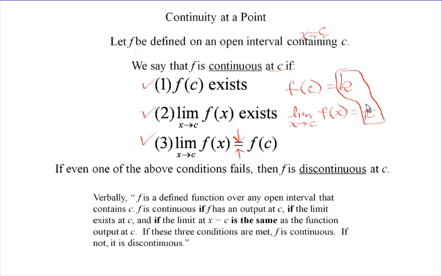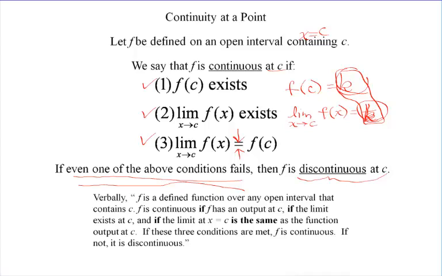The only condition under which this function is going to be continuous is for those two things to equal the same value. If even one of these above conditions fails, even one, if 2 holds and 1 fails, if 1 holds and 2 fails, if the function output exists and the limit exists but they are not equal to each other, this function is discontinuous at that value of c.